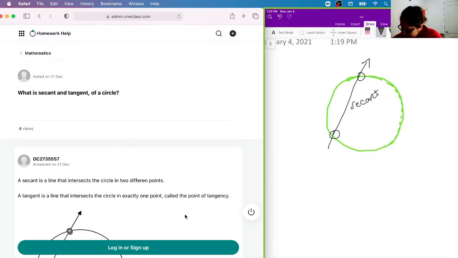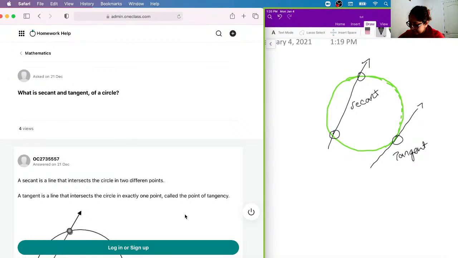whereas your tangent line would be where it intersects only one point, exactly one point, and this is called the point of tangency. So this is tangent, or like the slope at one point, right?